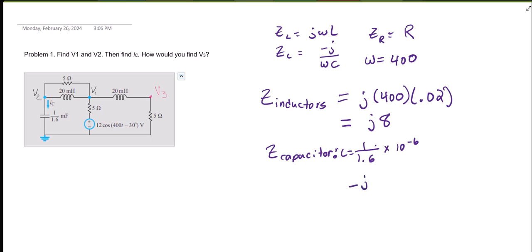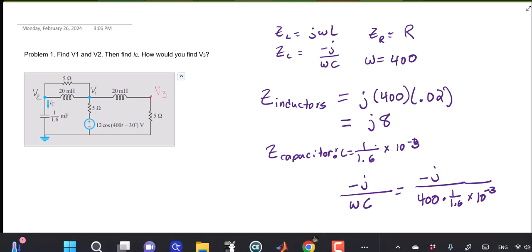So minus J over omega C will be minus J over 400 times 1.6 times 10 to the negative 3. And when you do it, that should give you minus J4.